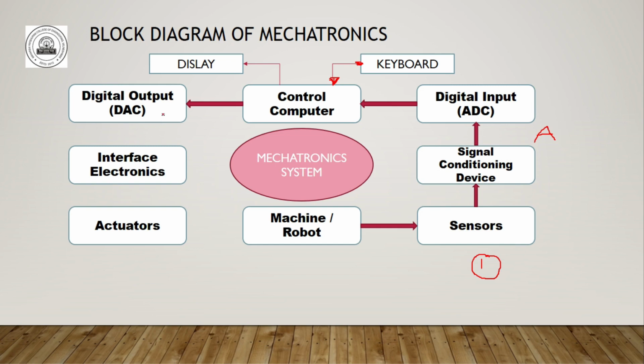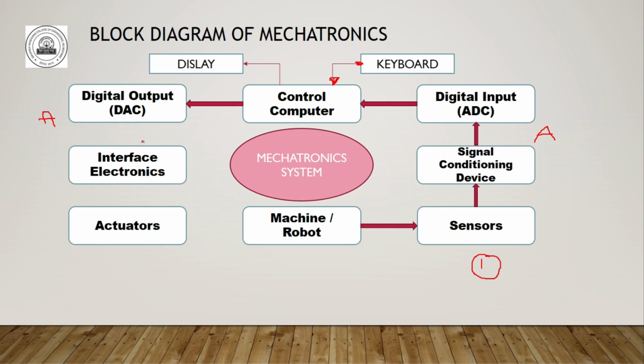So this digital output by the computer is converted using a DAC. So here you will get the output again in analog form. This DAC is a digital to analog converter that converts the digital signal from the computer into an analog signal to give as an input to the actuators or the final control element.